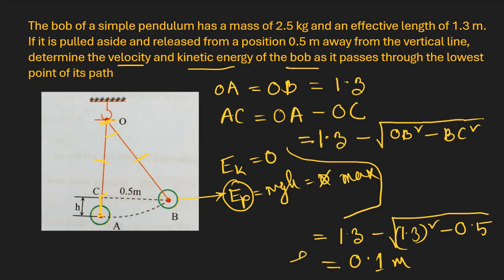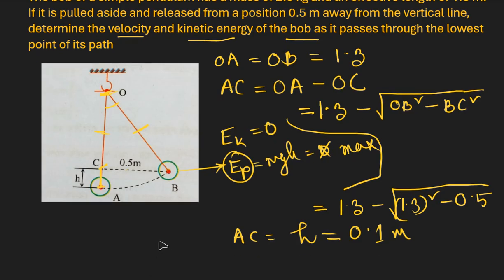So this is the height. So AC is equal to the height, and this is 0.1 meter, right? So as I said, EK is 0 because at point B, v naught is equal to 0 meter per second, right? And it is released from B to A.